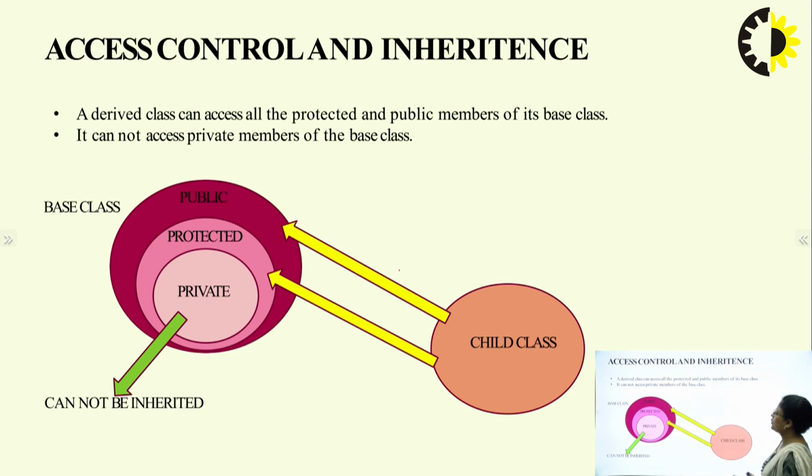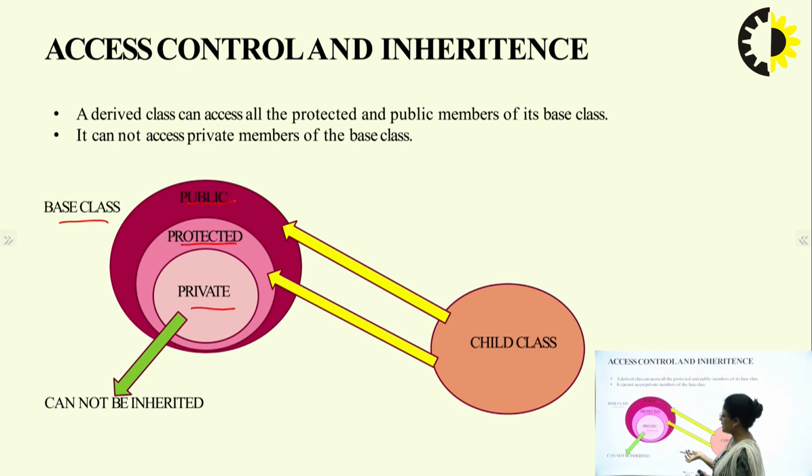Before we move further into the types, let us summarize the access control, that is, public inheritance, private inheritance, and protected inheritance. Every base class can have private, protected, or public members.